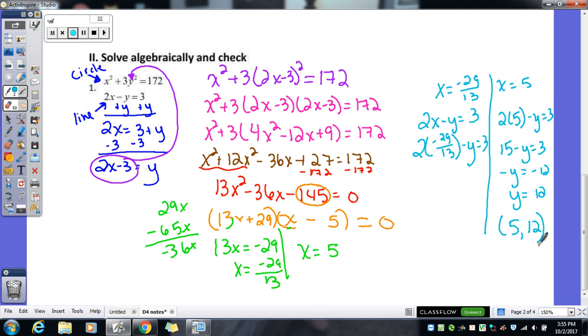So one of our answers is (5, 12). That one's the easier one. Over here, I would get negative 58 over 13. So I would add that over. Let's see here. 39. 97 over 13.